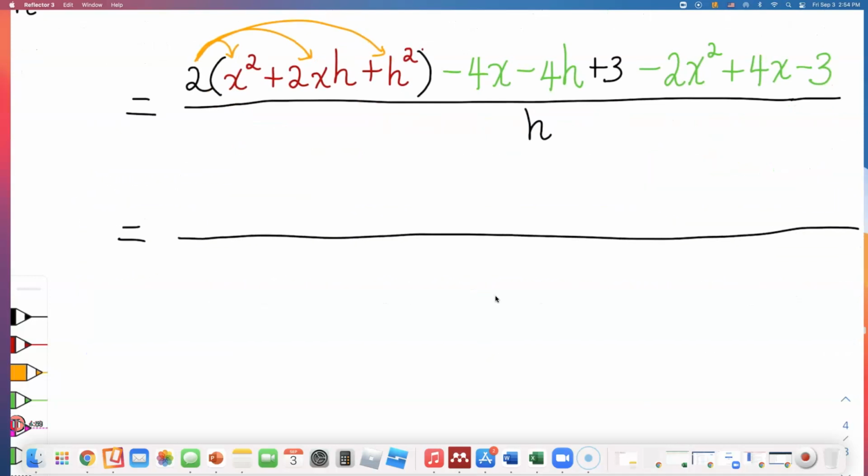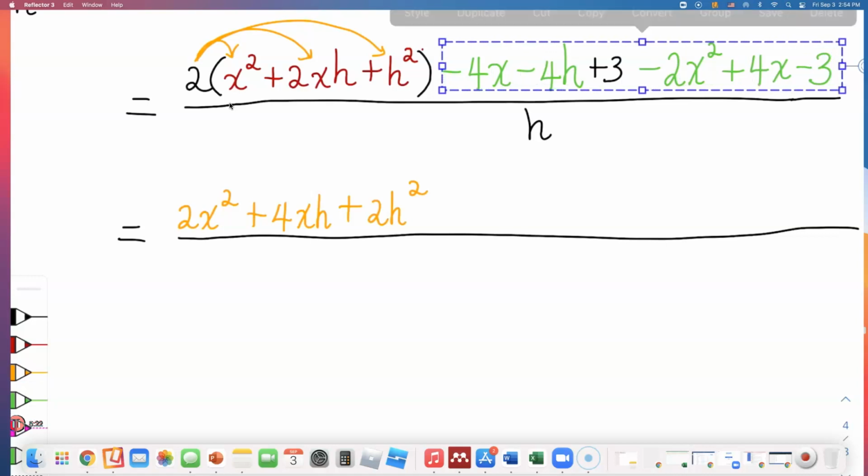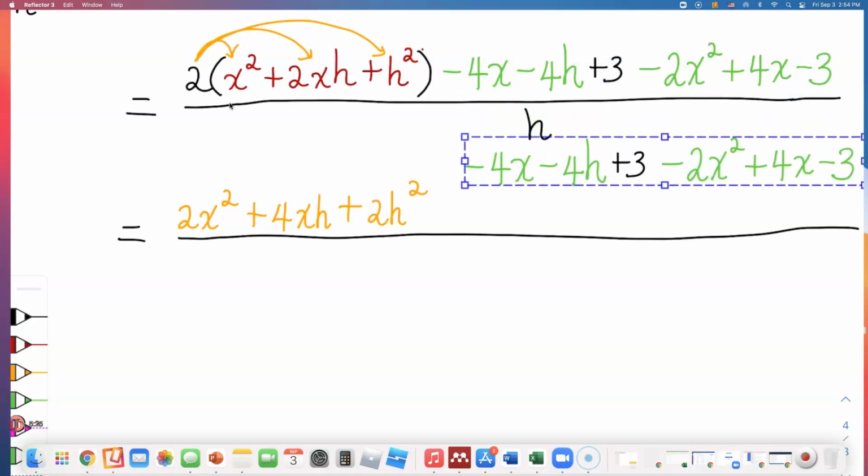Okay, so let's distribute the 2 this time. That will be 2x squared. 2 times 2 will give me plus 4xh, plus 2 times h squared will give me 2h squared. And I will just literally copy this down, duplicate it down.